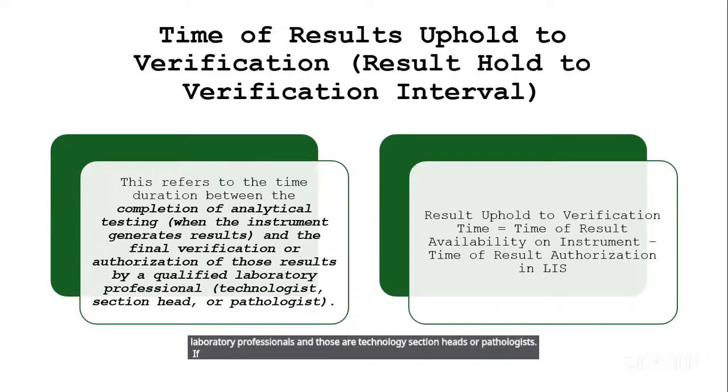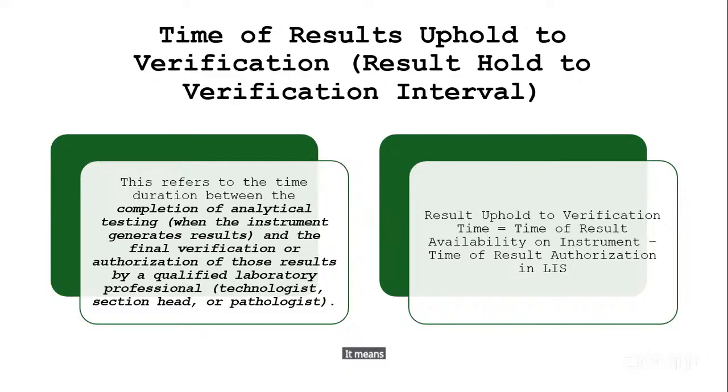If there is a policy in your lab that all outgoing results must be verified by your senior technologists, section heads or pathologists, it means this aspect always comes in. We never miss it, okay?